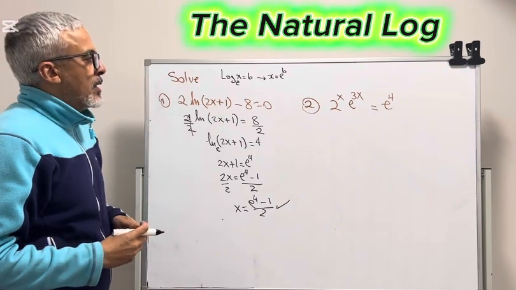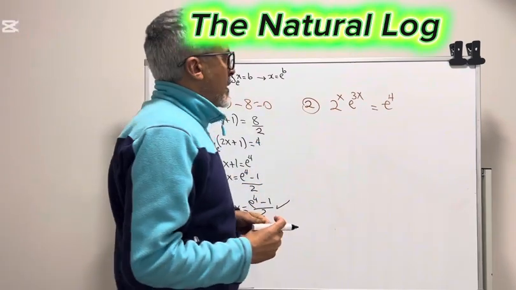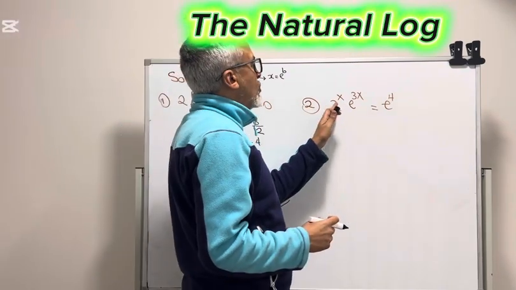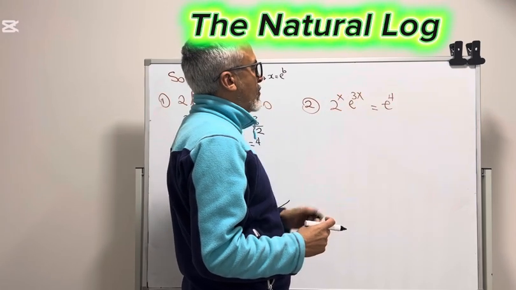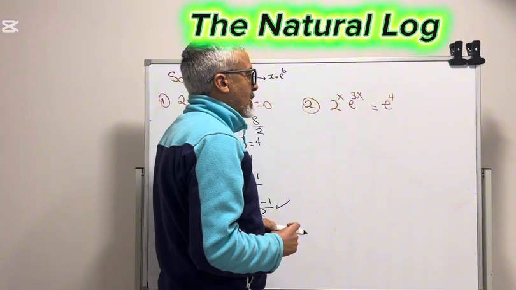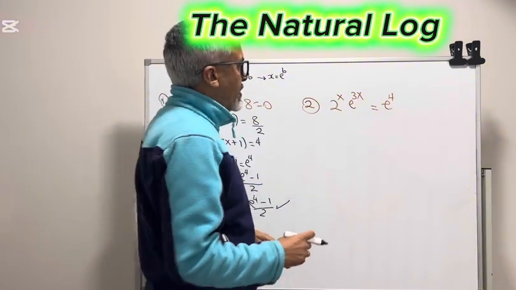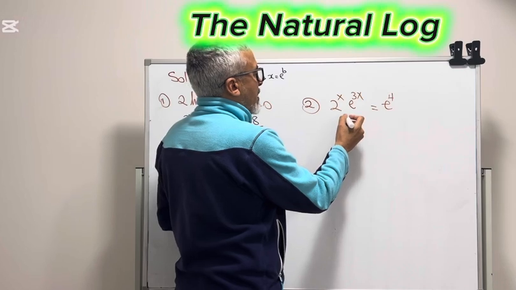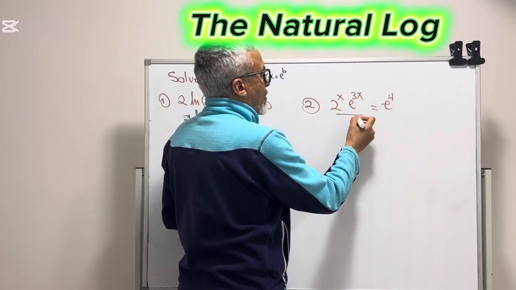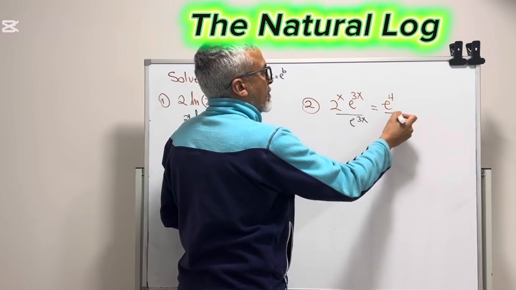Okay. Now how about this? We have 2^x times e^(3x) = e^4. My advice to you here is, if you want to make this simpler, divide everything by e^(3x).